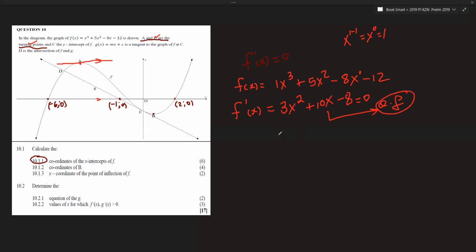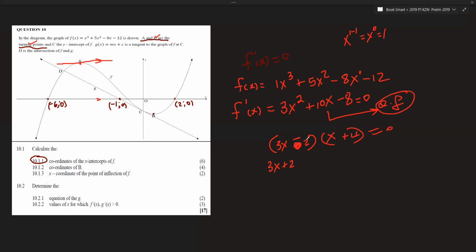But to save time, I'm going to use trinomial factorization. So 3x, and then we have x there. And then here we're going to have, okay, I'll put positive 4 so that it gives me that. And then here it's plus 2. So 3x plus 2.